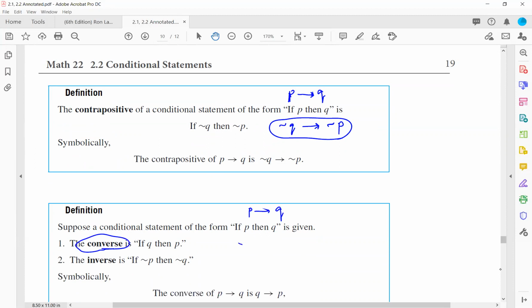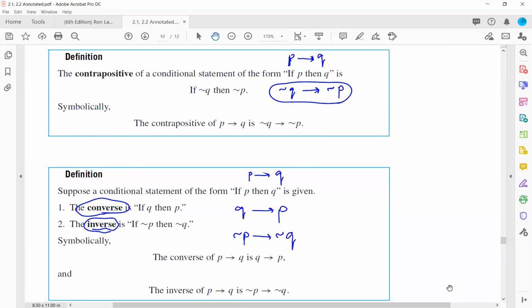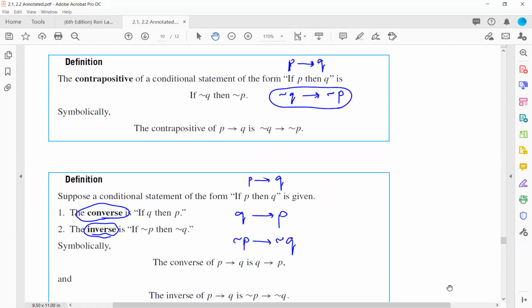The converse of the statement is Q then P. The inverse of the conditional statement is not P then not Q. So we defined the contrapositive of P then Q as not Q then not P. The converse of the conditional statement P then Q is Q then P. The inverse of the conditional statement P then Q is not P then not Q. These are new definitions related to a conditional statement.